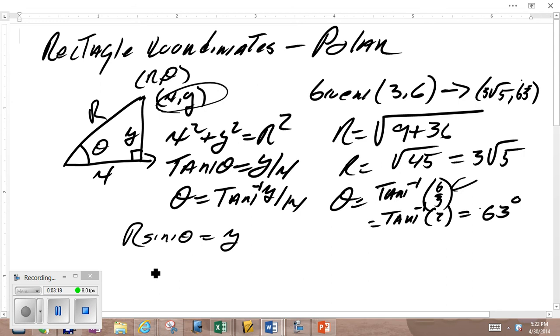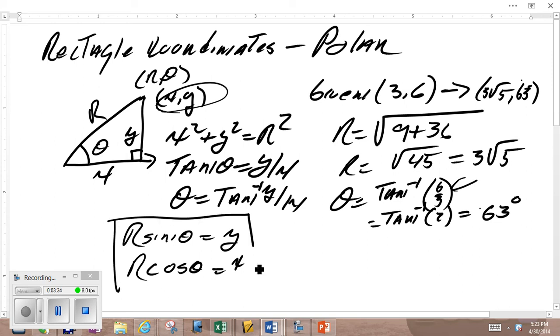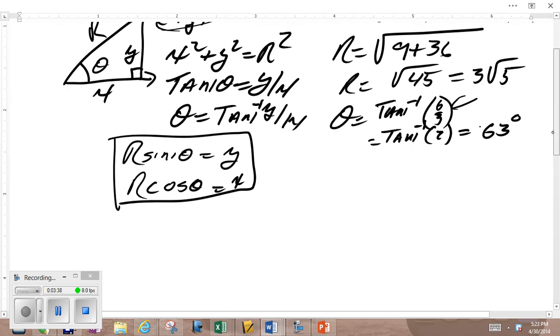The cosine of theta is the adjacent over the hypotenuse. That's x over r. Cross multiply, r cosine theta is equal to x. There's your conversion going from (r, theta) to (x, y).